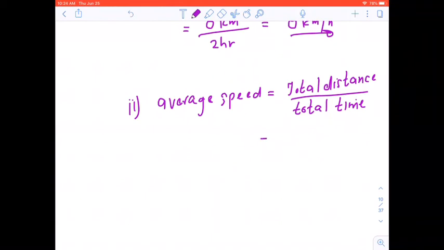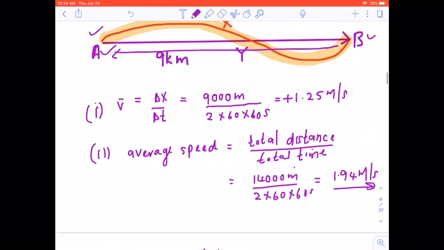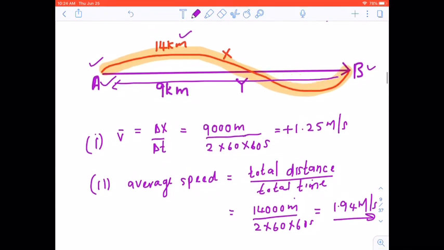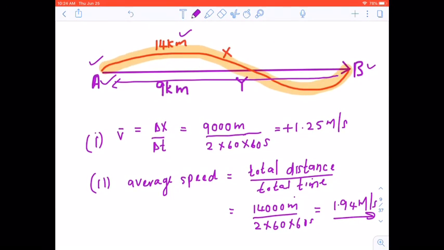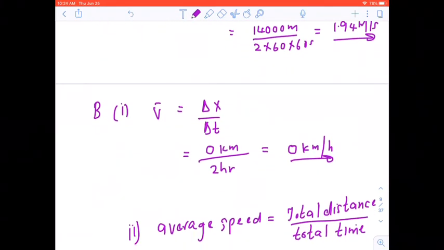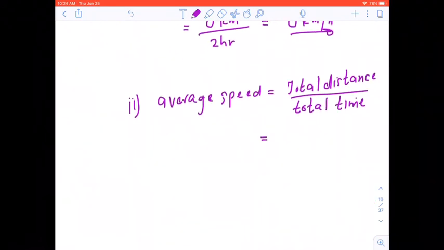And what is the total distance? The total distance would be 14 kilometers plus 9 kilometers back, which gives us 23 kilometers upon 2. The total time to go and come back is then 4 hours.